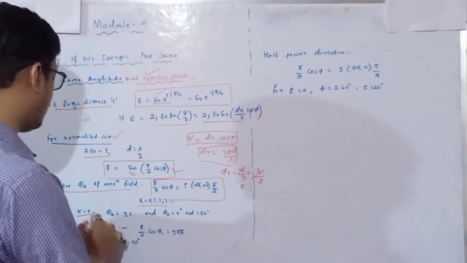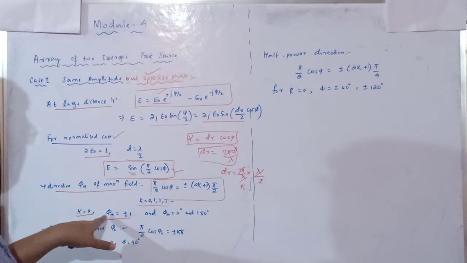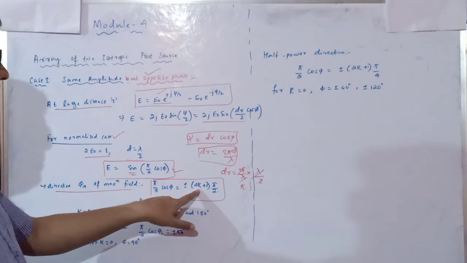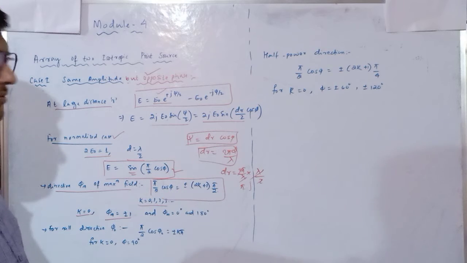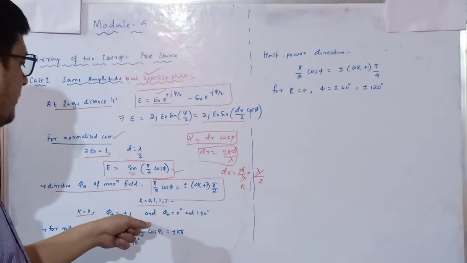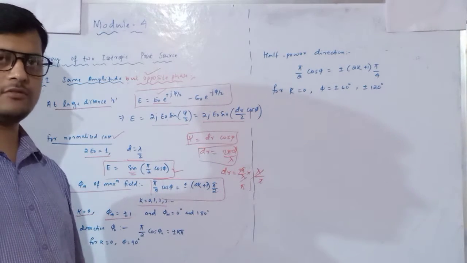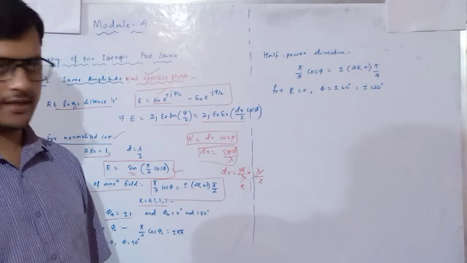If k is equal to 0, cos phi m is equal to plus minus 1. So the total value is pi by 2, and here the cos phi term will become plus minus 1, so pi by 2 will be cancelled out. So cos phi is plus minus 1.